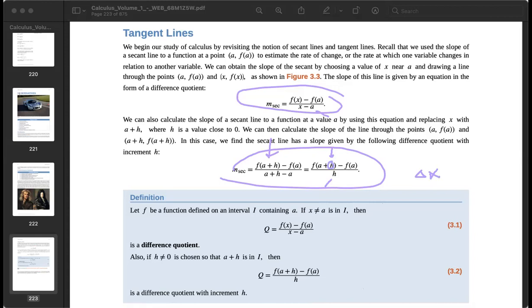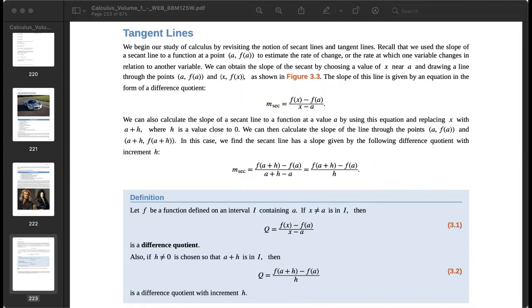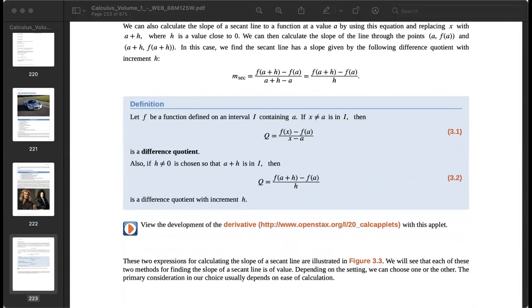Let's draw this out. You've got 2 points. On these 2 points, what you're trying to do is find out the slope, okay? So you're drawing your rise over run.